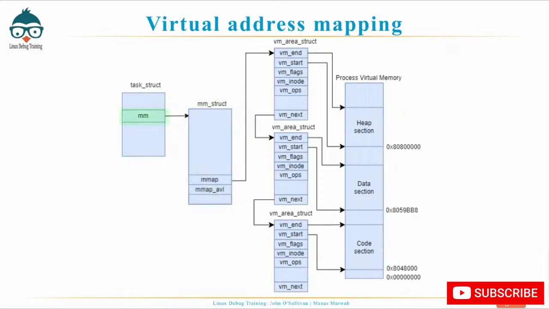The mm field in task_struct connects the process to its memory management structures. mm_struct contains important information about the process's virtual memory layout, such as the start and end addresses of the various sections of memory, page tables, and more. We can view the mappings managed by these structures by examining the maps file associated with a process in the proc file system, and we will look at this in a little more detail later on.